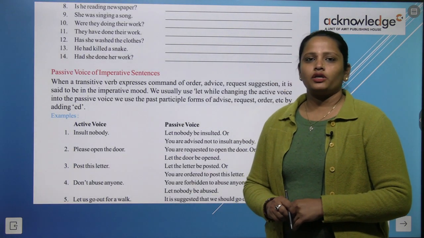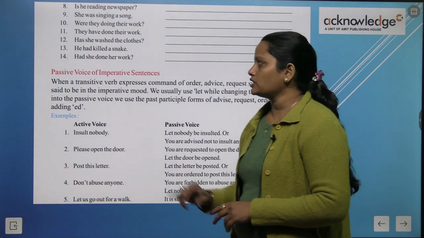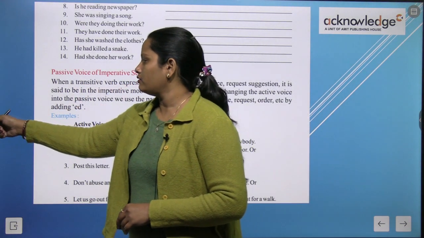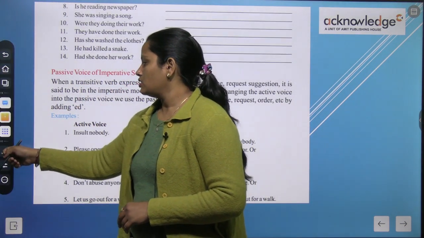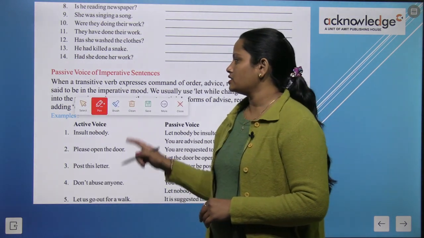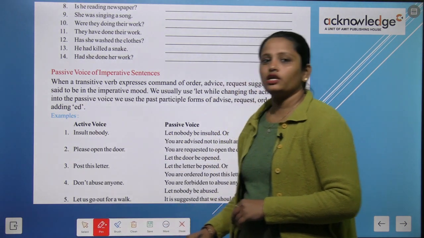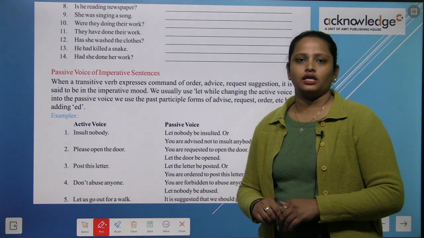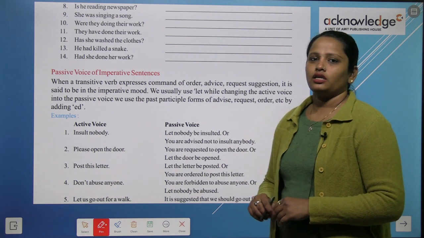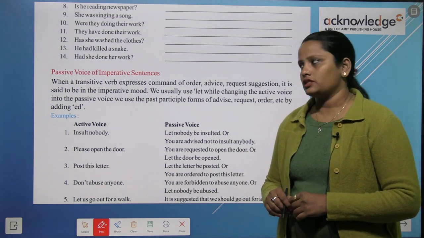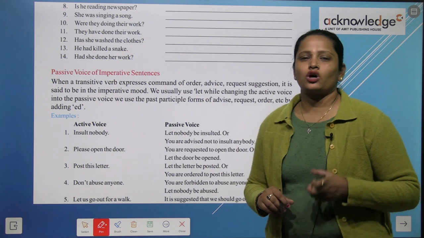Now, the next topic that we are going to learn is passive voice of imperative sentences. So imperative sentences, we know, are sentences that give a command, make a request, or you can say give advice. So we have to change such sentences into passive voice.